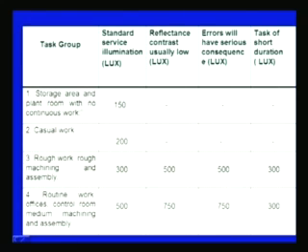Like storage area, plant room with no continuous work, 150 units of light, casual work 200 units of light, rough work, and for all these 4 categories it may vary like 300, 500, 500 and 300. Routine work in offices, control room, medium machining and assembly operations need 500, 750, 750 and 300 units.